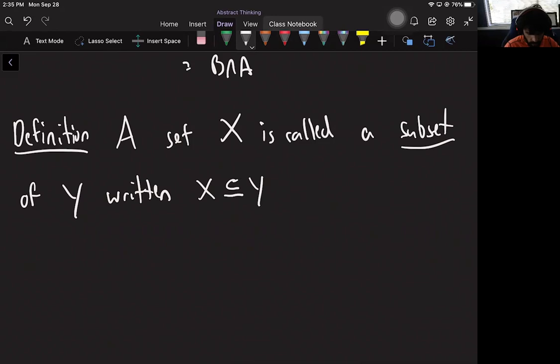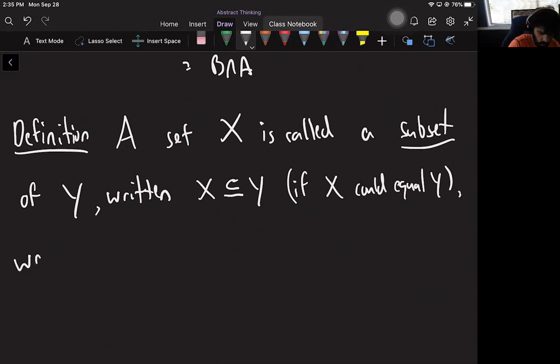Okay, so it's written like this. X is a subset of Y. But there's a little subtlety here. It's only written this way if X could maybe equal Y. So I'll talk about that more later. And it's written without the underneath part if X cannot equal Y.